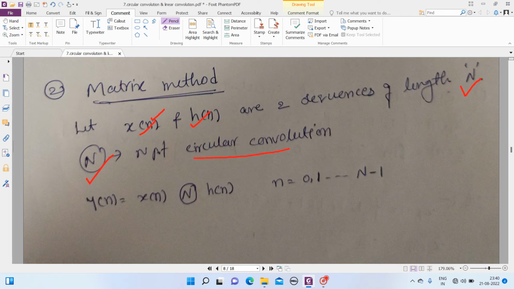So here we mathematically represent the circular convolution like this: y of n is equal to x of n circular convolution of N point with h of n, where small n varies between 0 to N minus 1.